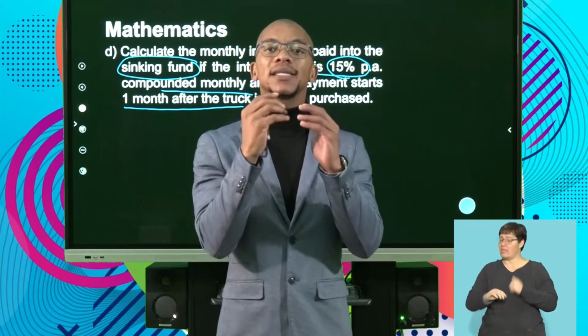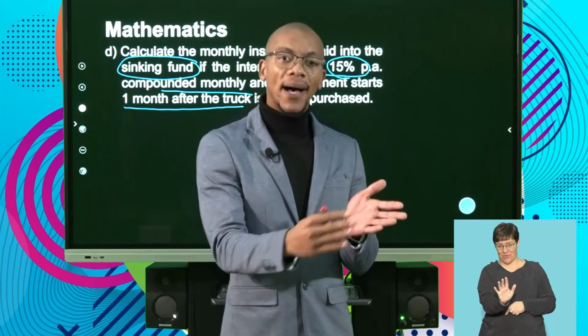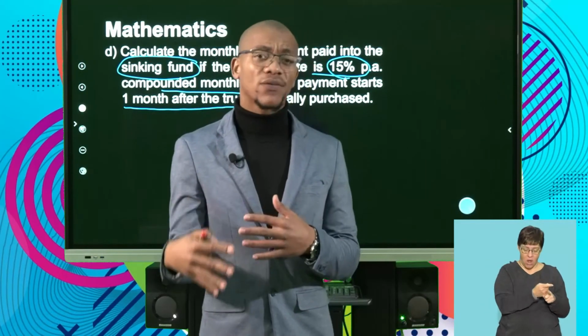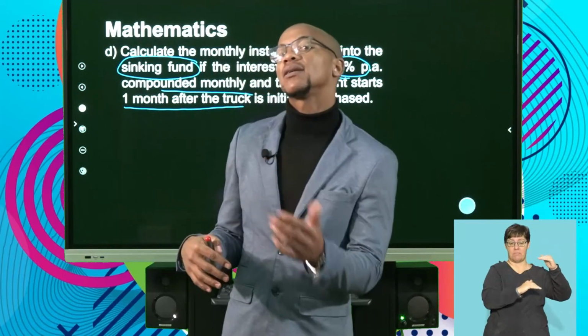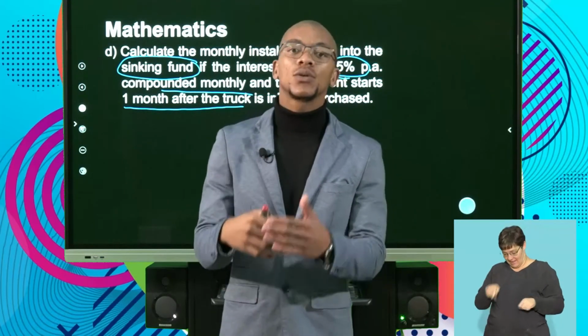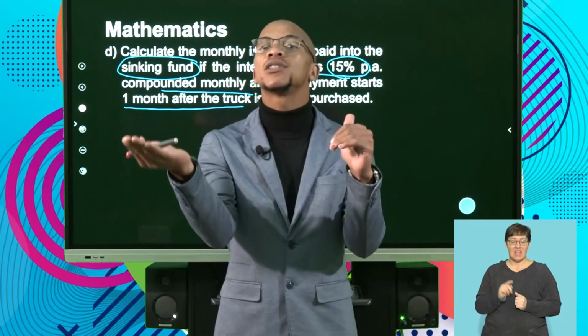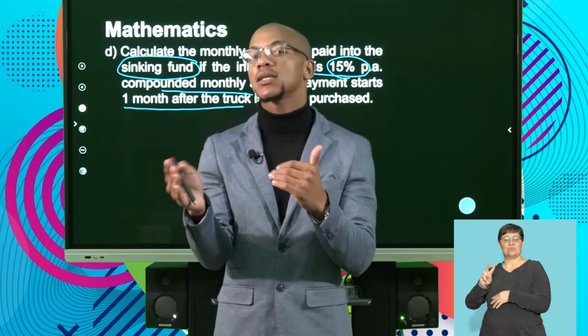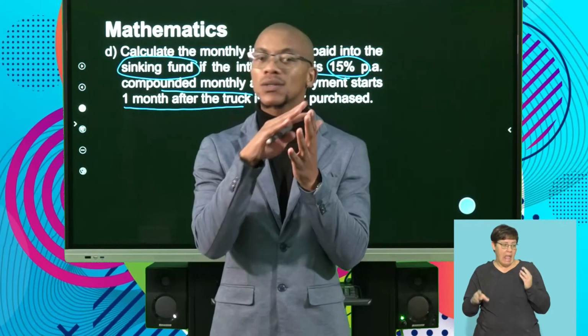No, what it simply means is I am buying the truck now, and I can't immediately start the investment as well. 1 month after is simply 1 month after I have bought my truck. That's when it starts losing value, and that's when the bank will give me the interest. So they will give me the interest from that 1 month up until it gets to 72 months, because that's 6 years. So you don't add or subtract one or anything like that.